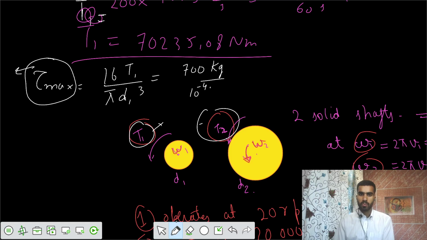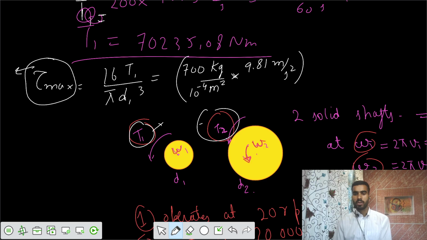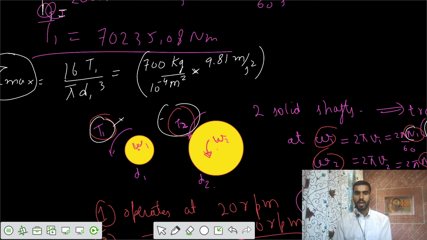I would write 10 power minus 4 meters square. If you multiply by g, 9.81 meter per second square, you get it in terms of Newton per meter square. So I would write that equals 16.